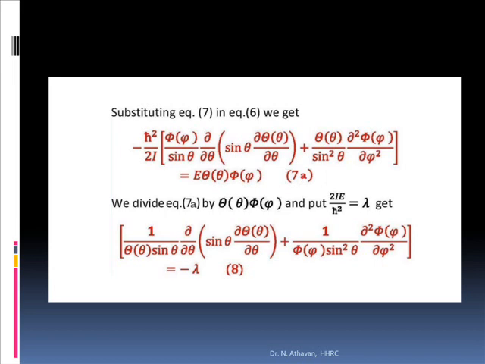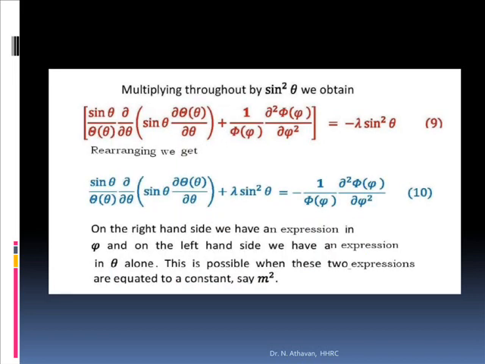We divide equation 7a by Theta of theta into Phi of phi, and by putting lambda equal to 2IE by h cross square, we get the equation given in 8. Just mathematical manipulations only. Multiplying equation 8 throughout by sin square theta and rearranging, we finally get the equation given in equation 10.